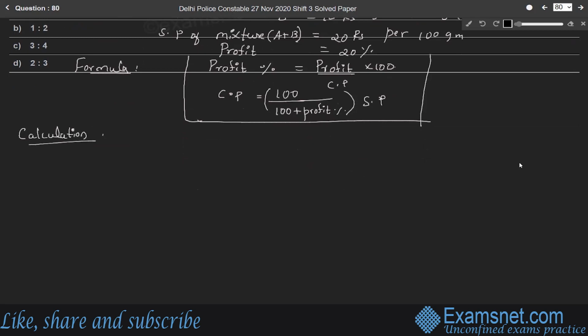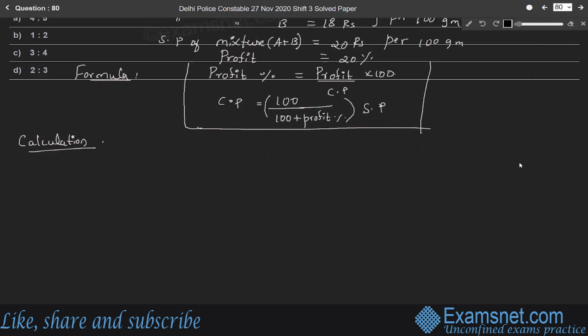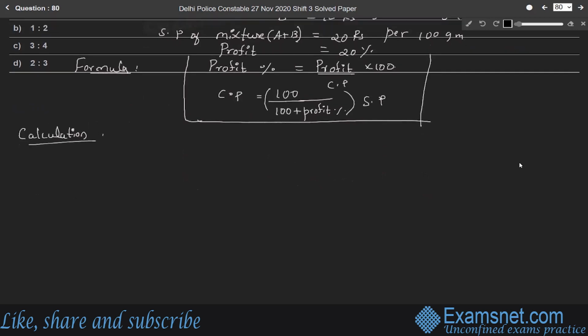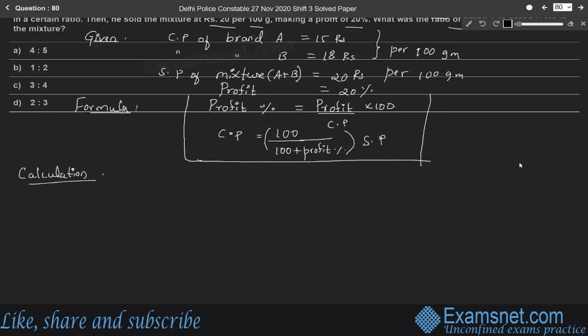Calculation. When brand A and brand B are mixed, let us assume X grams of brand A and Y grams of brand B are mixed. Right?